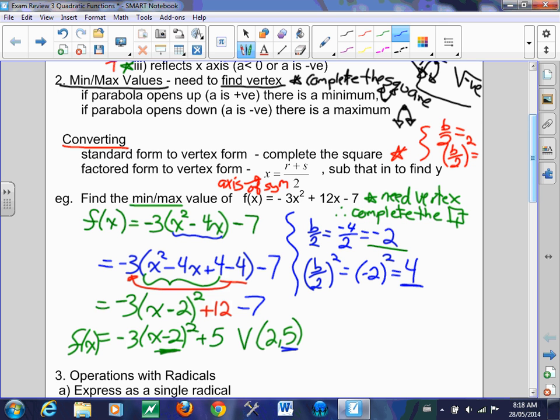So first of all, what's the sign of a? a is negative. Therefore, do we have a min or a max? Therefore, we have a max. And because our optimal value is 5, you're going to say, therefore, max of 5. And if it asks you when it occurs, you can say when x equals 2.